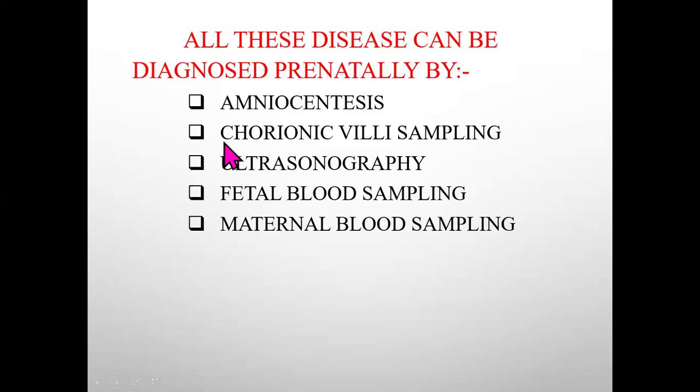Amniotic fluid serves so many functions. That fluid is collected, and you test for so many diseases that are associated with the infant. Then we have chorionic villi sampling, whereby you collect cells from the placenta and check for inborn errors and birth defects as well.